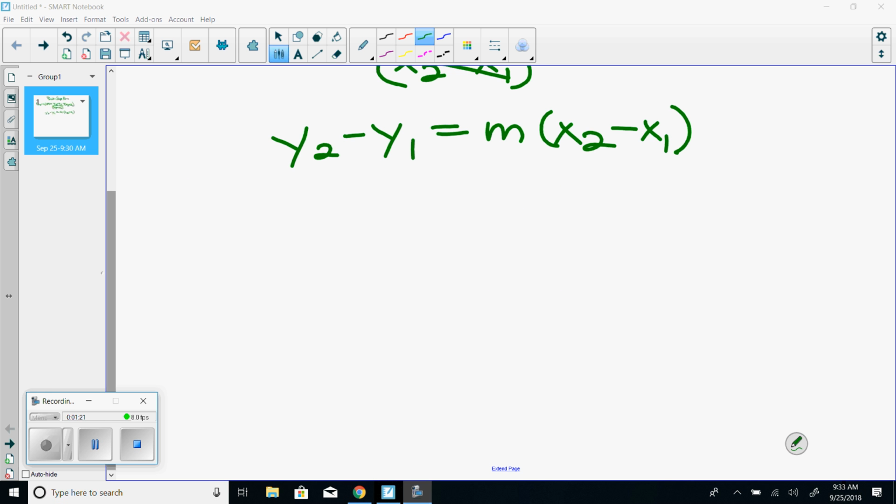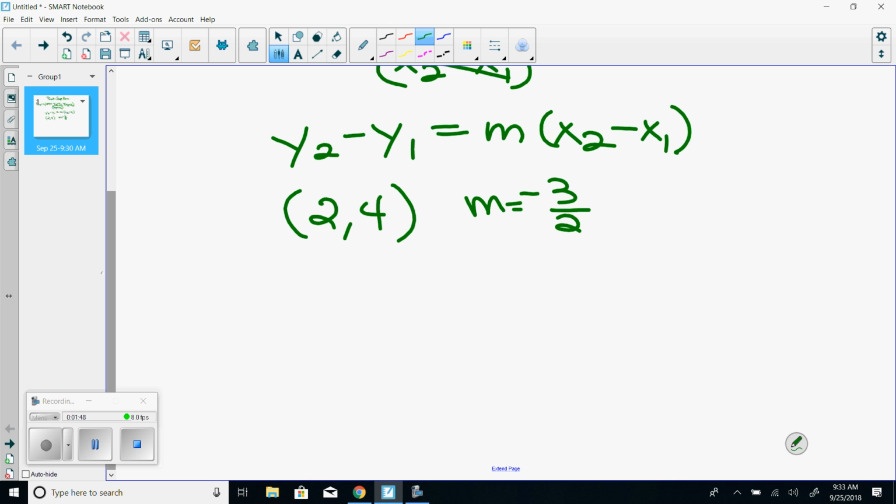So, if you're given a problem where they are asking you to find the point slope form of a line that goes through (2, 4) with a slope of -3/2, this is a perfect example of where you can use the point slope form to come up with your equation of a line. Okay?